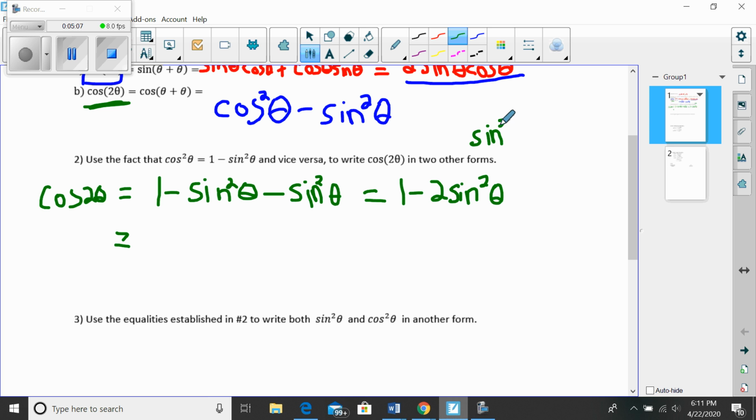What could we replace sine squared theta with? Right? I could replace sine squared theta with 1 minus cosine squared theta. All right, so pause the video, come over to sine squared theta, and replace it with its equal.